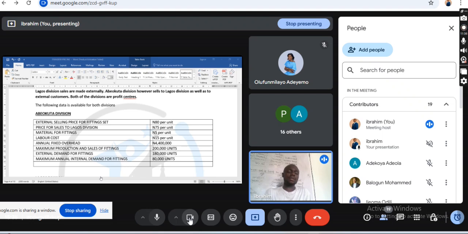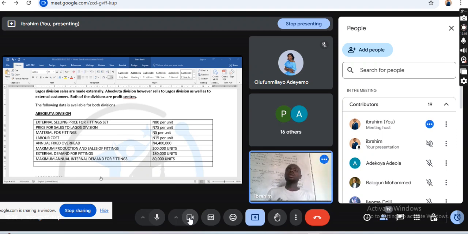Now, the price for sales to Lagos. Because Abeokuta wants to motivate the divisional manager, you can see that the price is below the market price of 80 naira. Abeokuta will sell to Lagos at 75 naira per unit, while Lagos will sell outside at 80 naira.